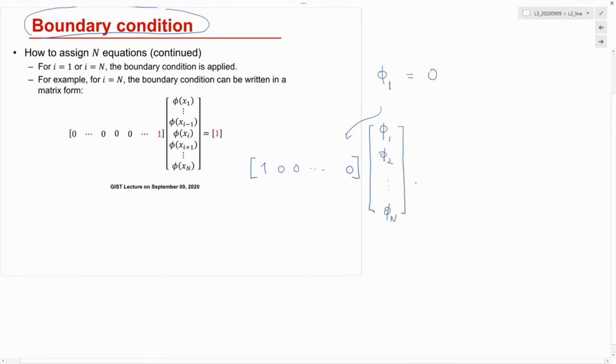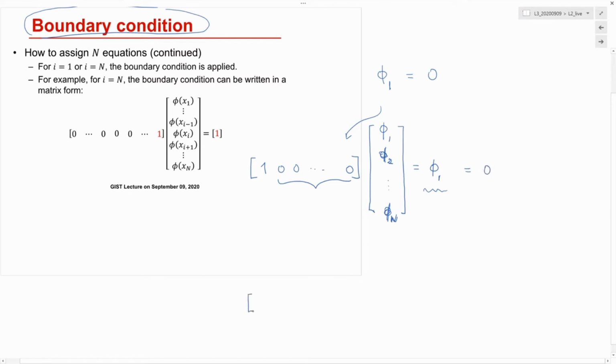This row vector and column vector multiplication gives you just phi 1, because all other entries are identically 0. Whatever values phi 2 and phi n have doesn't matter. It gives you just phi 1, and that is just 0.